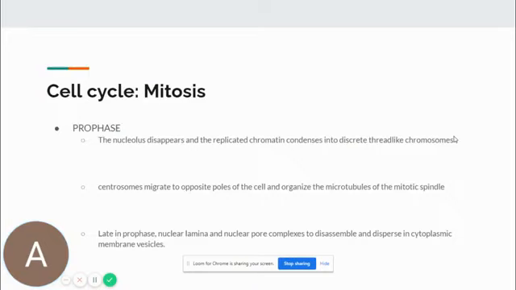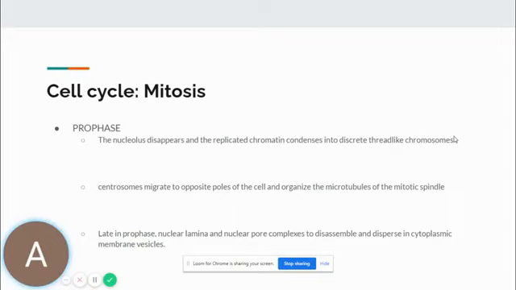So during the prophase, the nucleolus disappears, and replicated chromatin condenses into chromosomes. So they're already packaged, there's no going back to the box. Centrosomes migrate to opposite poles of the cell and organize microtubules, which assist in the mitotic process by making sure that everything is organized.